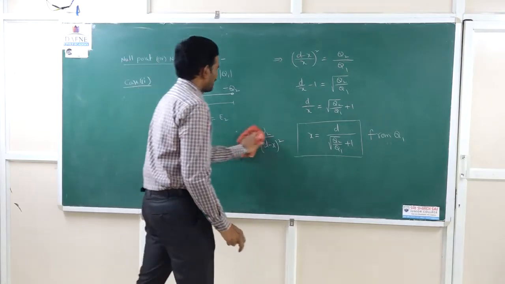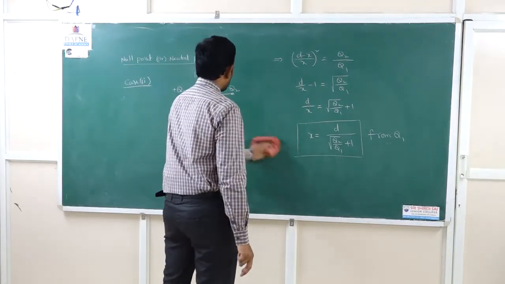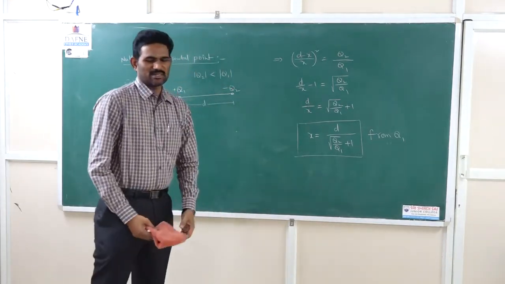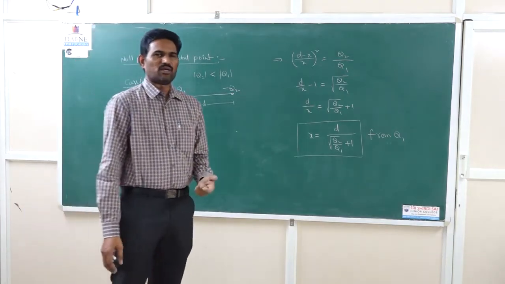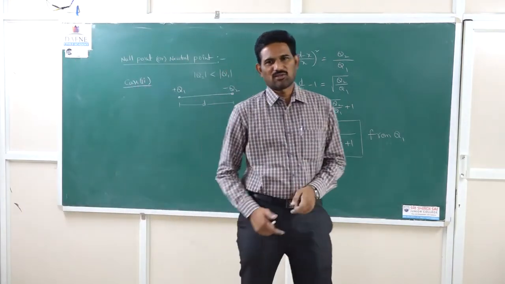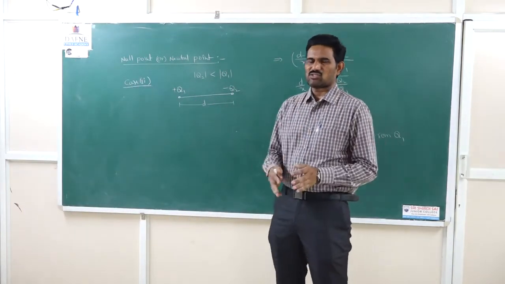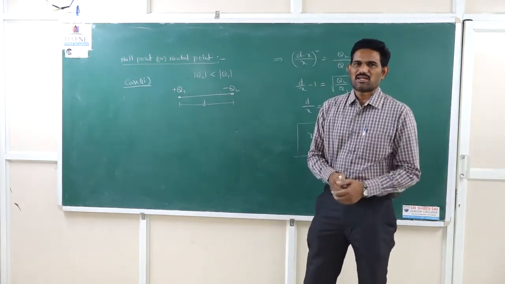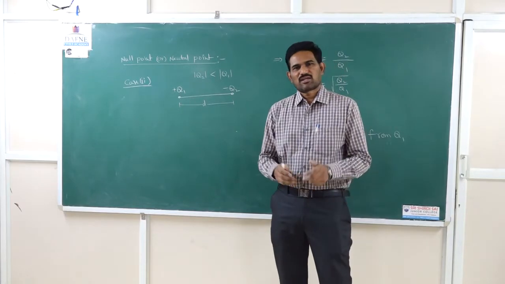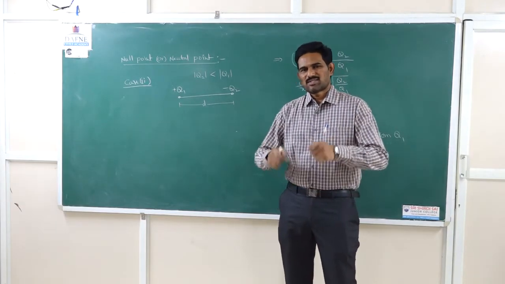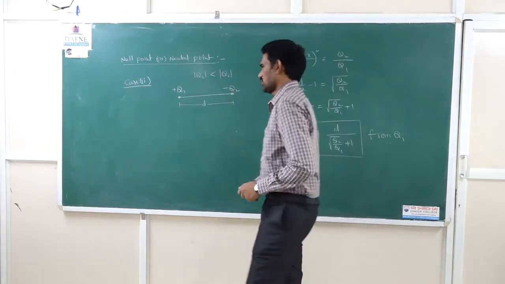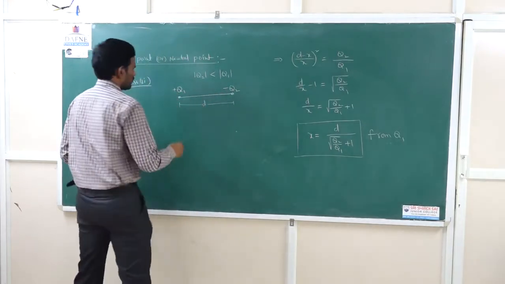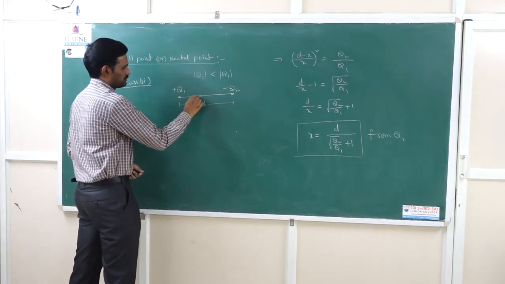So now let us write the expression. First of all, similar to our previous calculation, let us identify the region in which there is a chance of getting the neutral point, either in between the charges or outside the charges. In the previous case, when like charges are present, we got the neutral point in between the charges. So let us check in between the charges now. Suppose I am taking a point here.